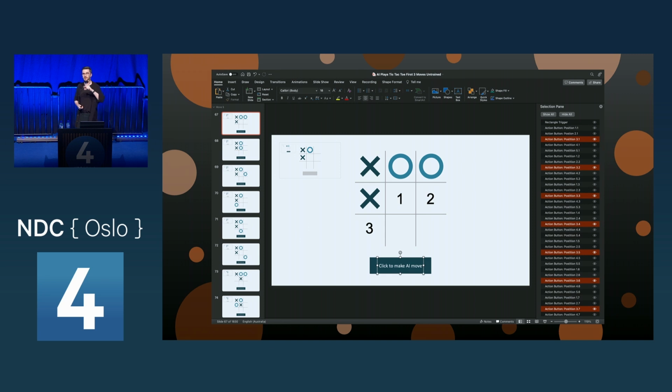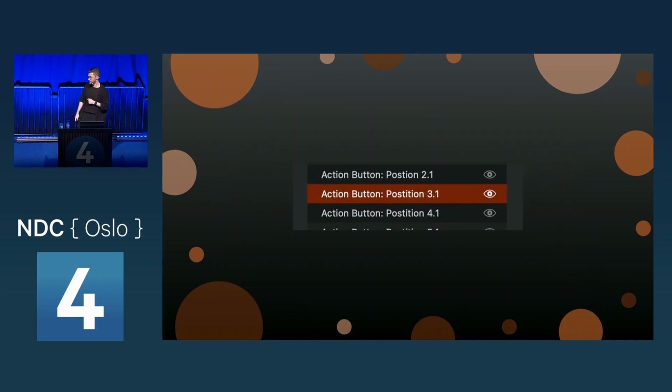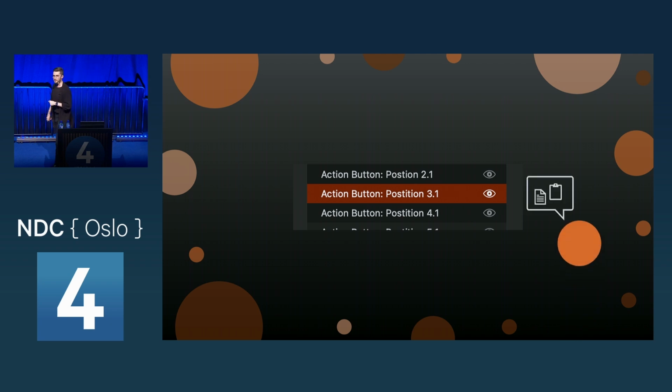We know that that third one is a state that wins. This is why I had those VBA scripts to automate the insertion of the shapes, because they're all named indexed to the location on the board. We find those, and then we do every developer's favorite tool, copy and paste.